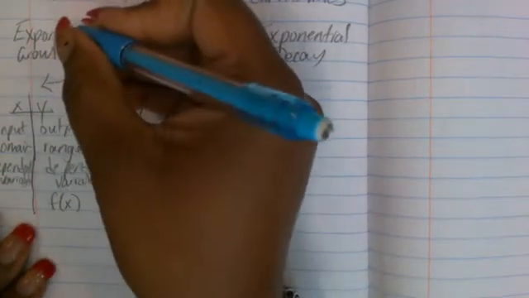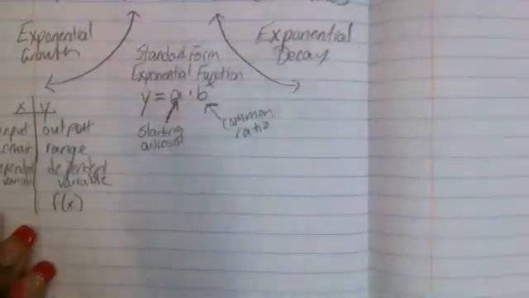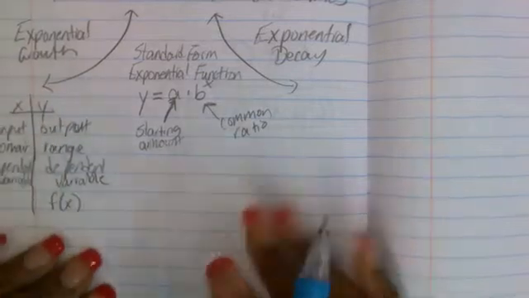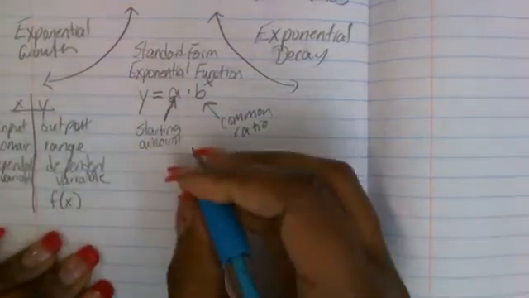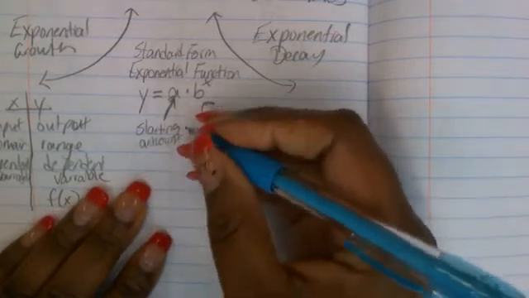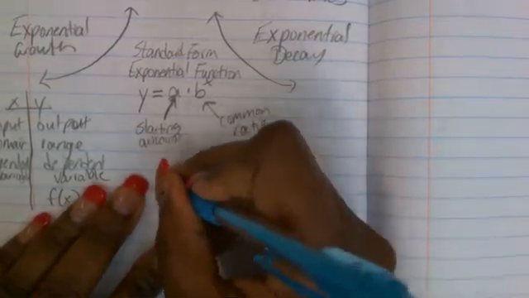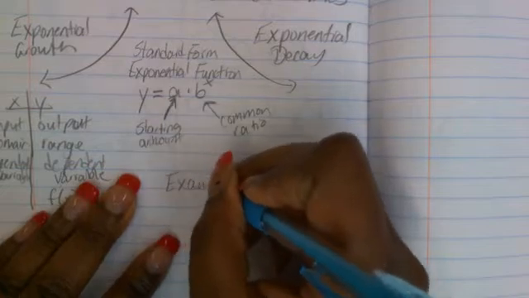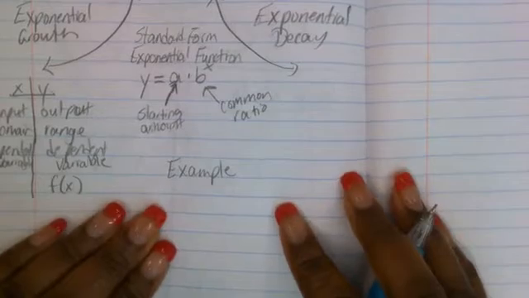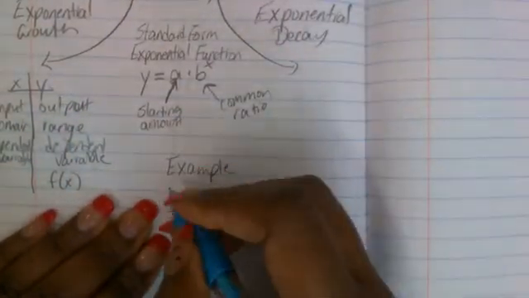Let's break down exponential growth and exponential decay just a little bit more, but before I do that, I'm going to do a generic example. Let's suppose we have a list of numbers, and it's a geometric sequence, so that means it's an exponential function.